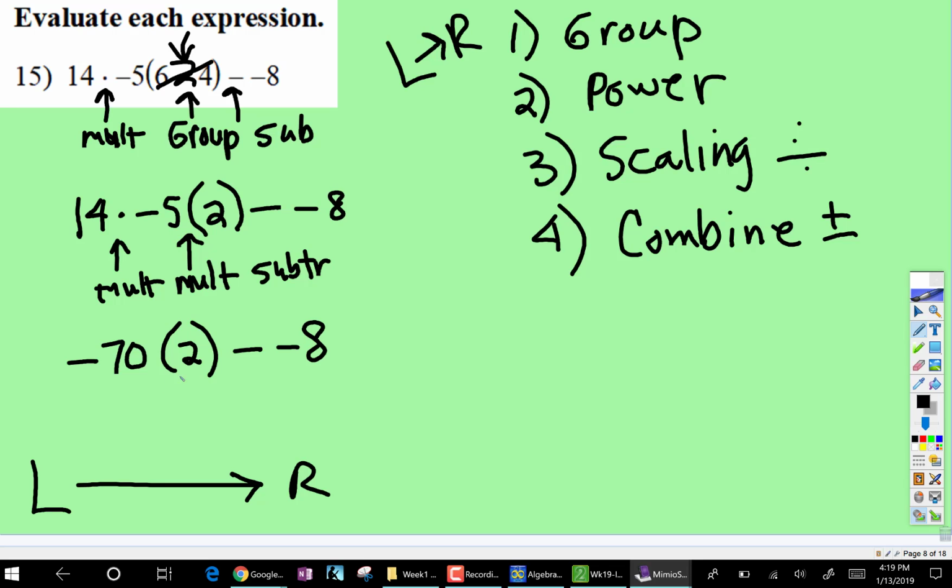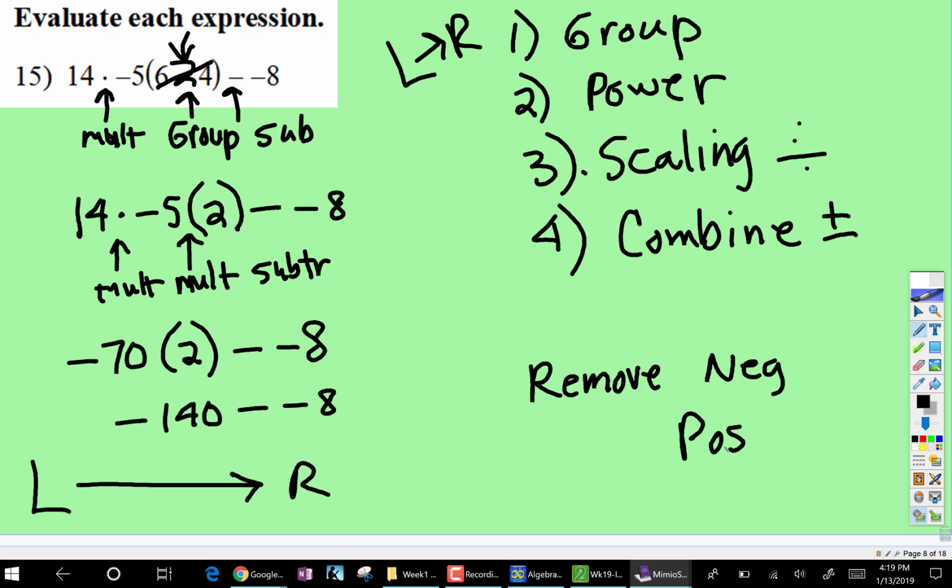Well, here we have multiply and subtract. So multiply comes before subtraction. So negative 70 times 2 is negative 140. Subtract negative 8. Well, remember, when you subtract a negative, think about it this way. If you remove a negative thing, well, that's positive, right?